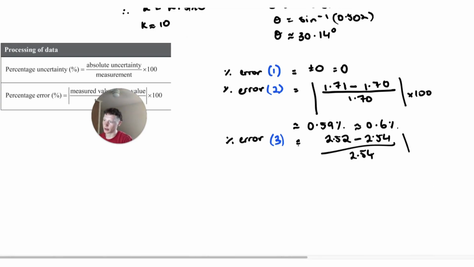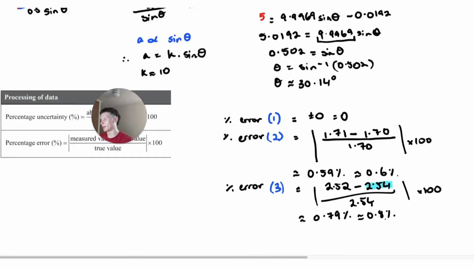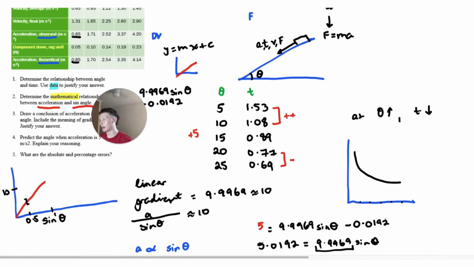And here's where the absolute value is important, because if you subtract a bigger number from a smaller number, it'll be a negative. That's just going to mess up our calcs. So that's where the absolute value comes in, and I will put that in my calculator. Okay, so I get 0.79%. So still really small. It's approximately 0.8%. Beautiful. Then two more to go.